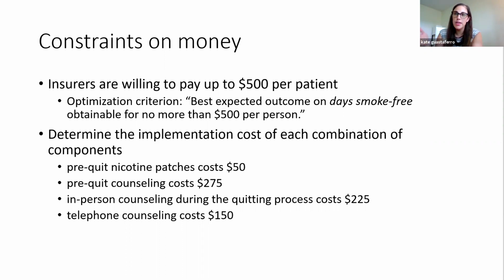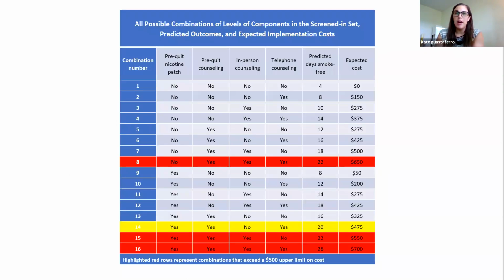So we plug those in, whether it's on or off, and get an expected cost column. We know that we can only spend $500. Anything over $500 immediately gets the axe, including our 26 predicted days smoke-free for experimental condition 16, right here. That's $700, so we can't do it.